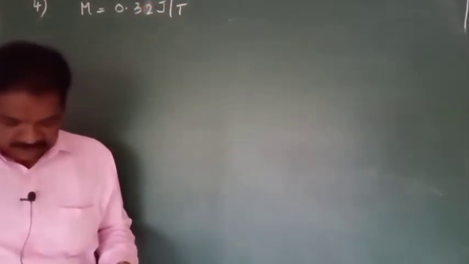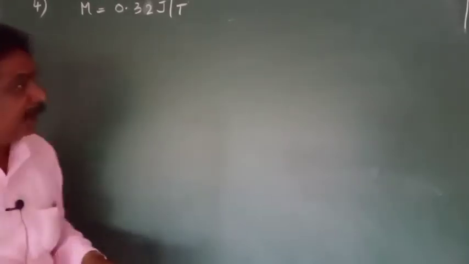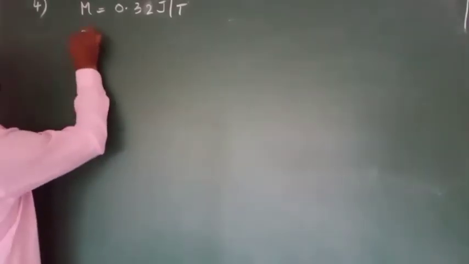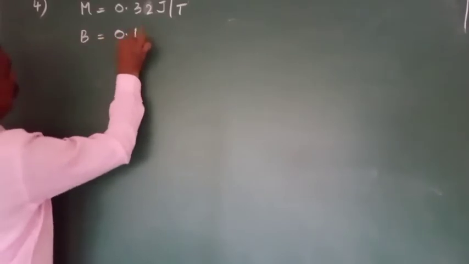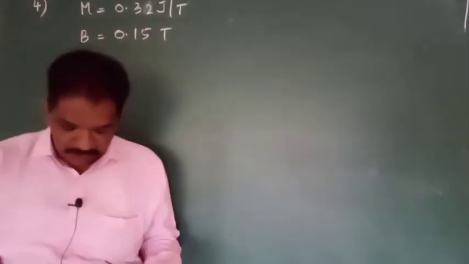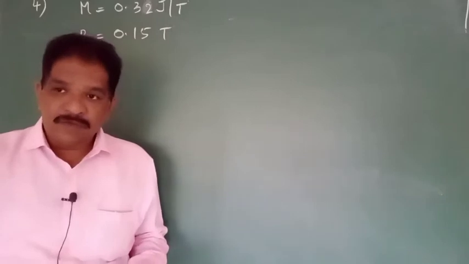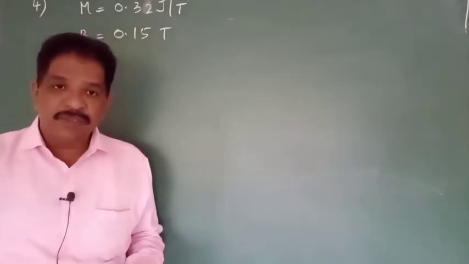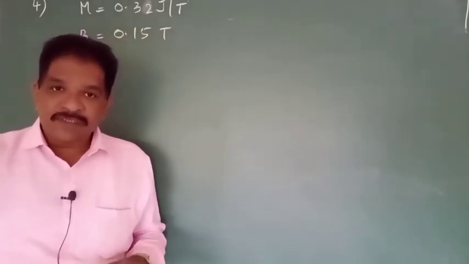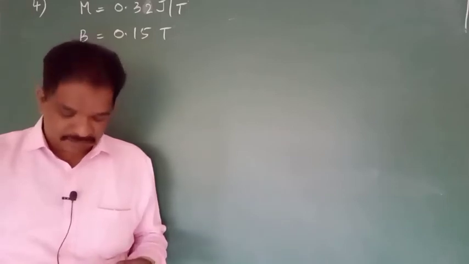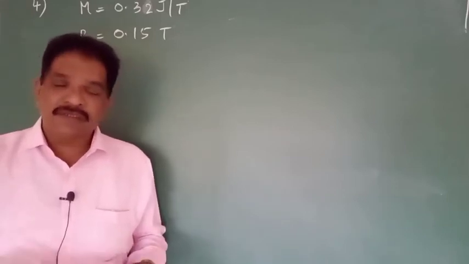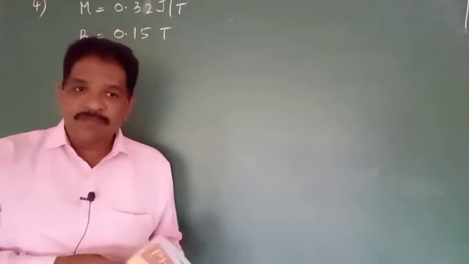Now what they are asking: it is placed in a magnetic field of induction 0.15 Tesla. At what position will it be in stable equilibrium? At what position is it in unstable equilibrium? What are the potential energies of the magnet in stable and unstable equilibriums?